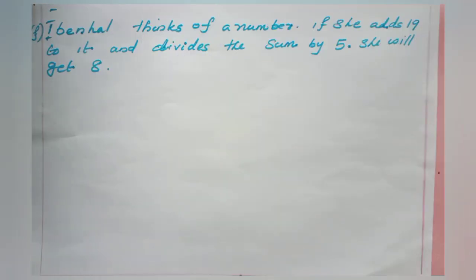Listen to the question. Ibn thinks of a number. If she adds 19 to it and divides the sum by 5, she will get 8.